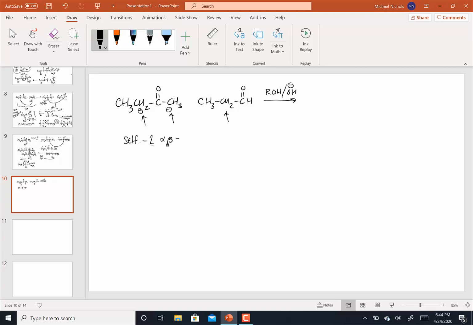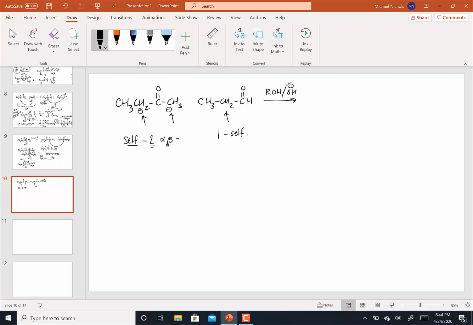So that would give me 2 different alpha-beta unsaturated ketones just in the self-condensation. Over here, I would get 1 product in the self-aldol condensation, because I can only form 1 enolate.